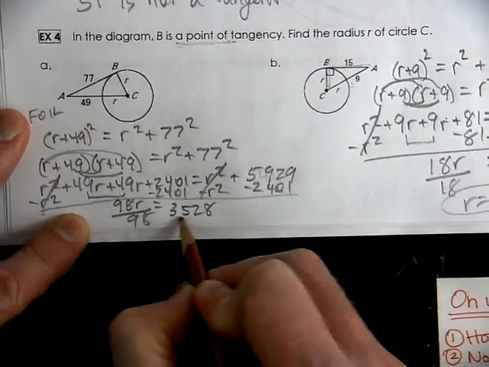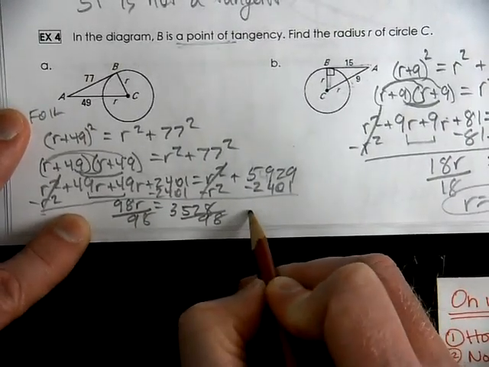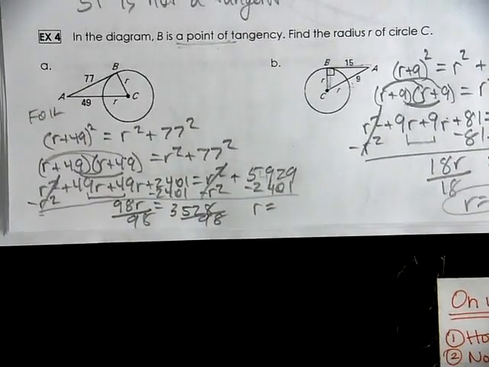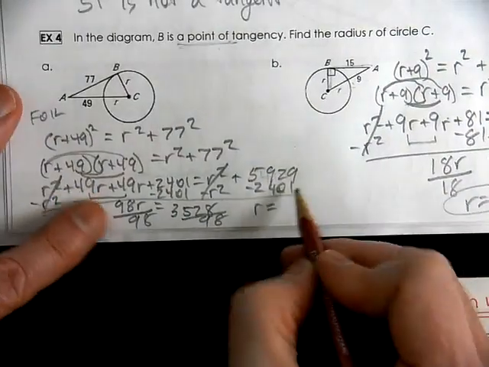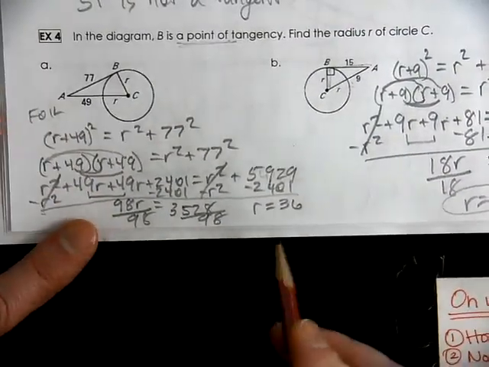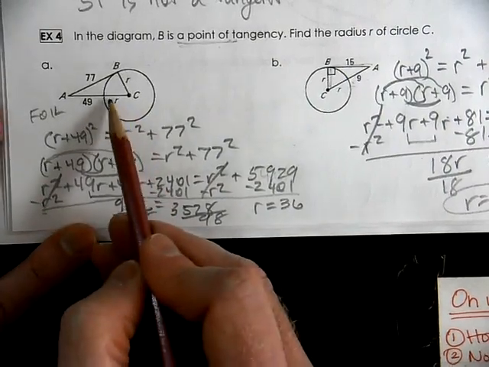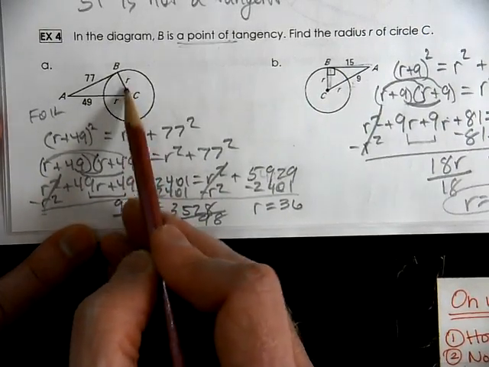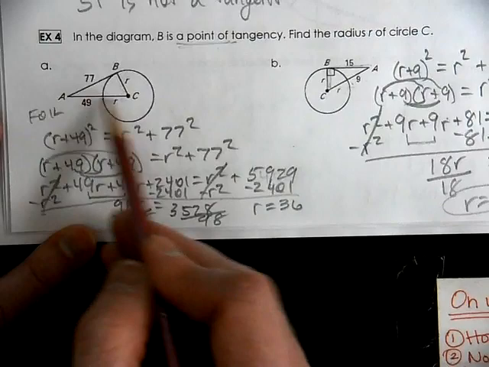Divide by 98. And we get 36. So our radius in this case would have to be 36 for this to be a right triangle.